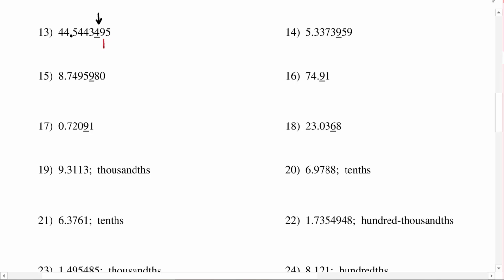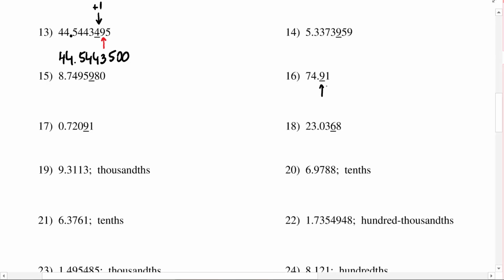If we look at the next digit, it is more than 5, so we are going to add a 1 to the 4. So it's going to be 44.54435 and then zeros. So it's rounded.